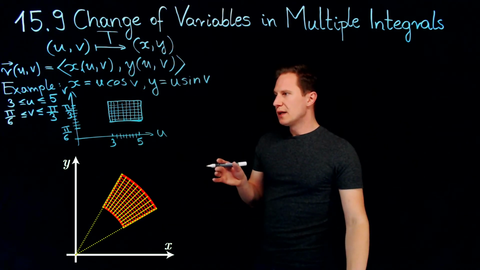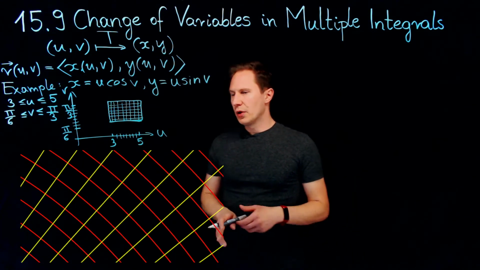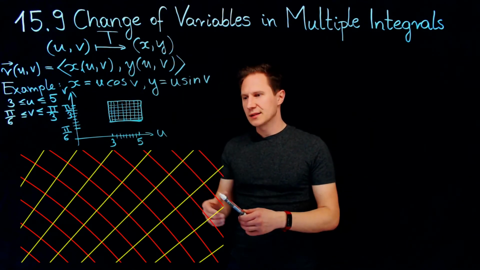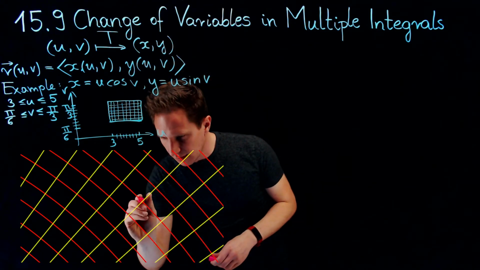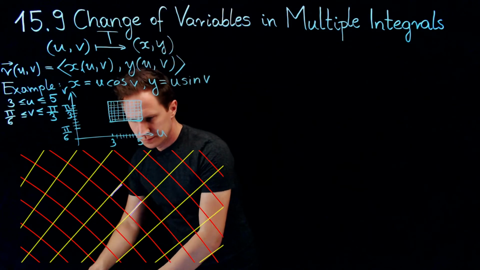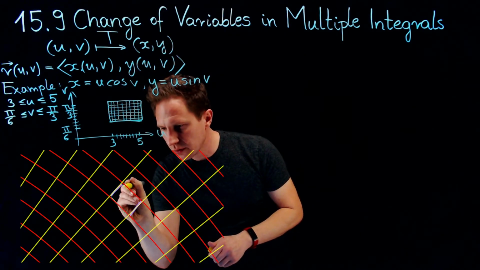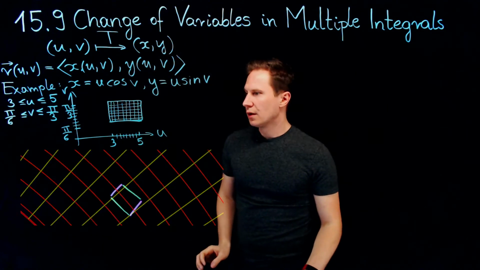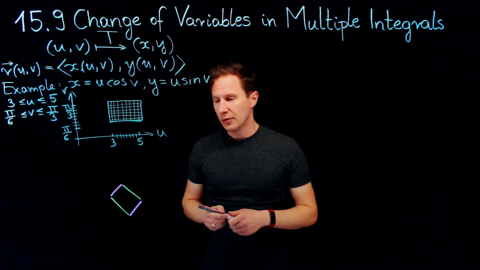So let me just zoom in on this picture to look at one of these small polar sub-rectangles. So let me look at this one. Because what we want to do is figure out or approximate the area of this small polar subrectangle.